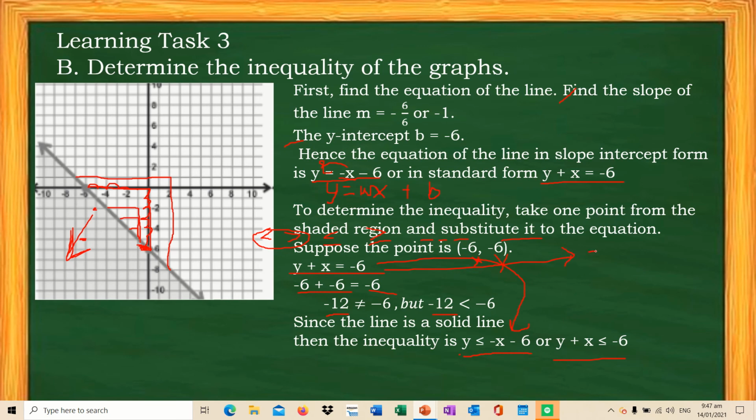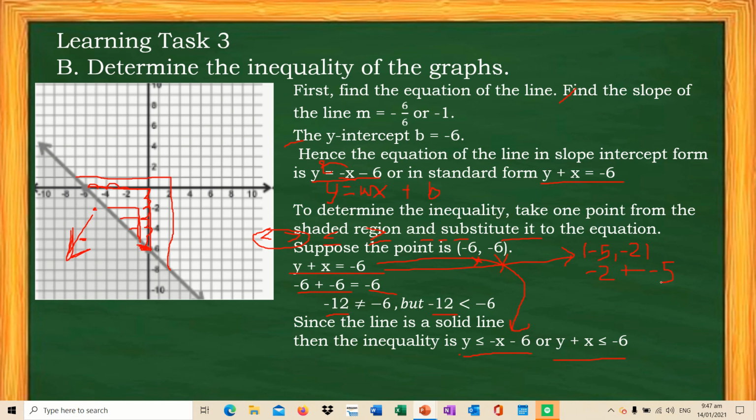Negative 5 ang x at ang ating y ay negative 2. Let us choose another point kung pareho ang magiging result. So, y plus x. So, ang ating y is negative 2 plus ang ating x is negative 5.